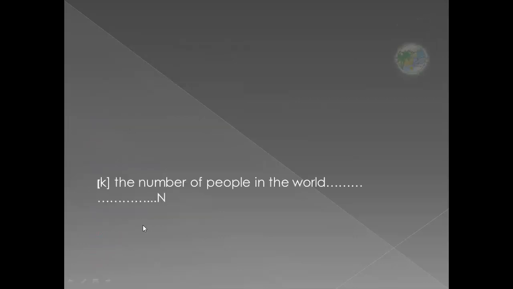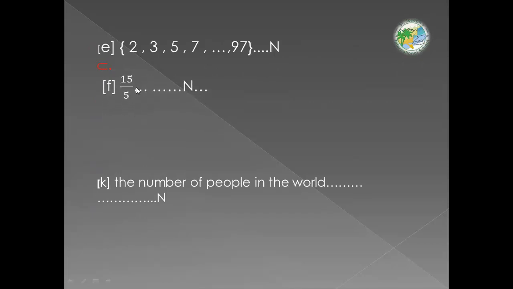Okay. Next question. Set and set, we choose subset. Fraction can be simplified. 15 over 5 equals 3 belongs to natural number. {3, 4, 5, 30}, set and set, we choose subset of natural number. The number of people in the world, for example million, 2 million, 100 million, any number, is an element and belongs to natural number.